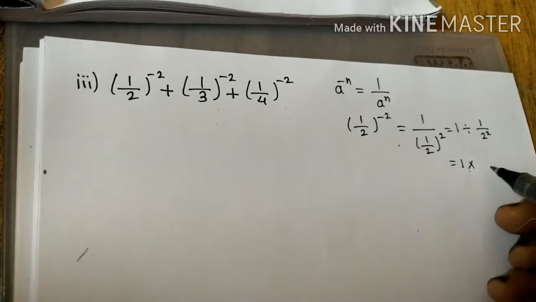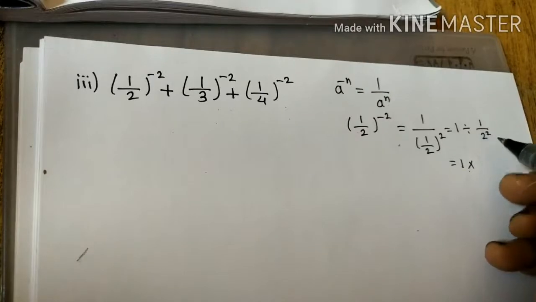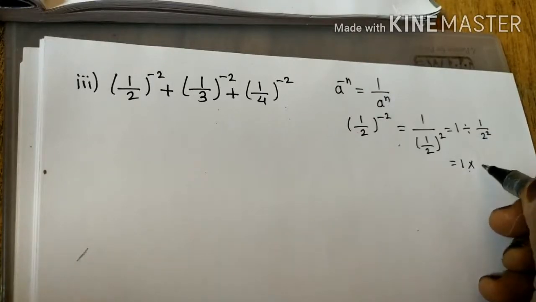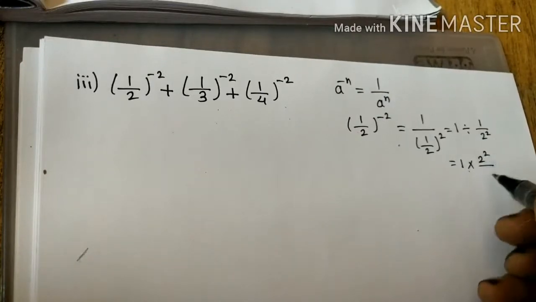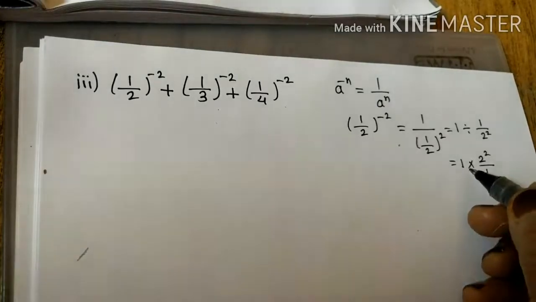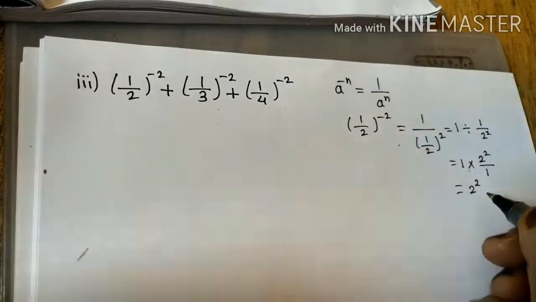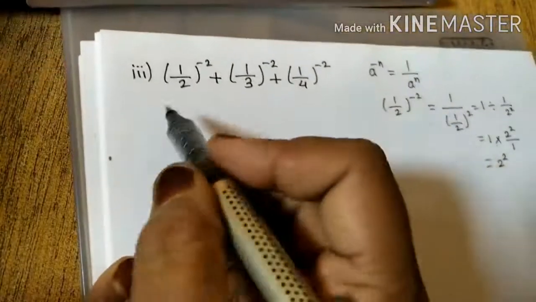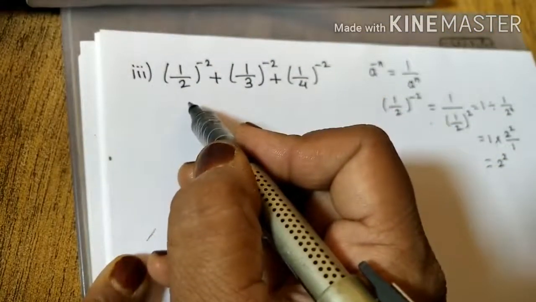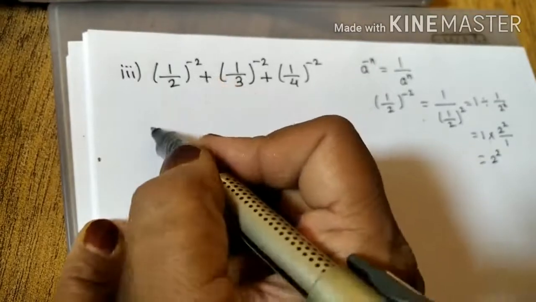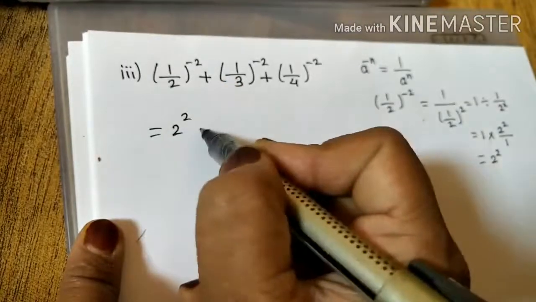For the next number we write the reciprocal: 1 divided by 2 raised to 2 becomes 2 raised to 2 divided by 1. Now multiply 1 into 2 raised to 2, which means 2 raised to 2. So directly we can write that 1 divided by 2 raised to minus 2 is equal to 2 raised to 2.